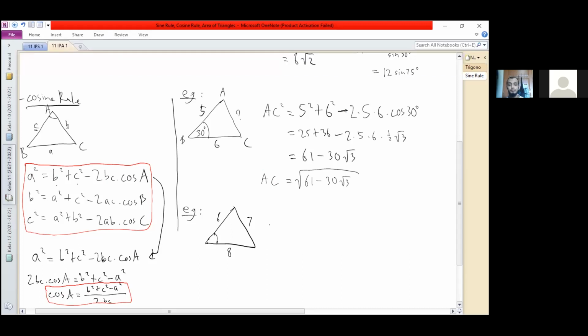In this case, because we want to find this angle, let's say this is a. We need to use the first one. So a squared means 7 squared equals 6 squared plus 8 squared minus 2 times 6 times 8 times cosine of a.